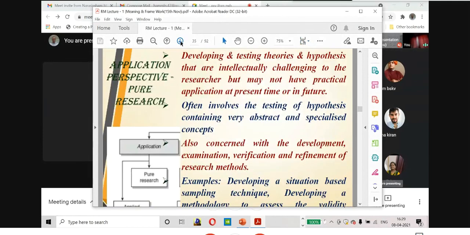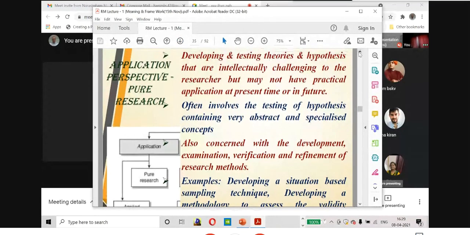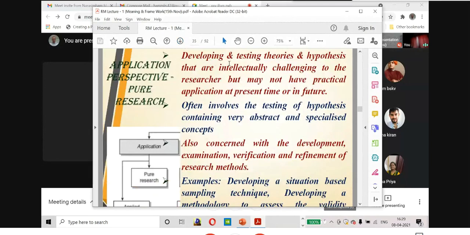So, application perspective. As I told, there are two types in this. One is pure research and the other is applied research. Pure research is developing and testing theories and hypotheses that are intellectually challenging to the researcher but may not have practical application at present or in the future.